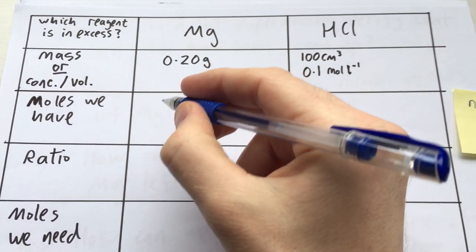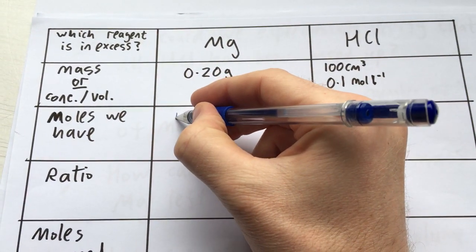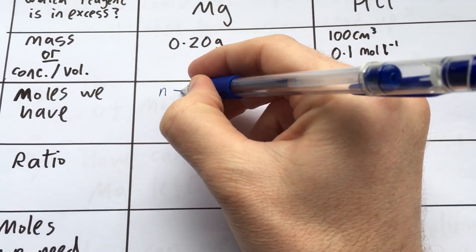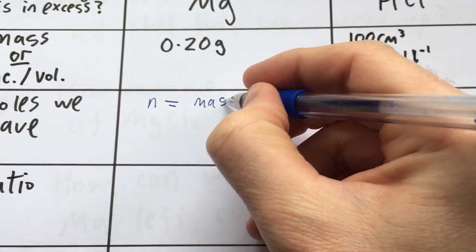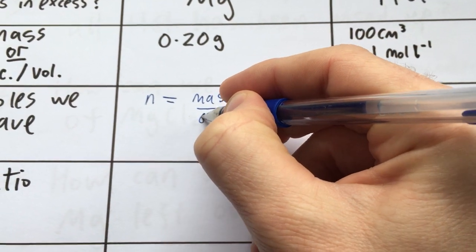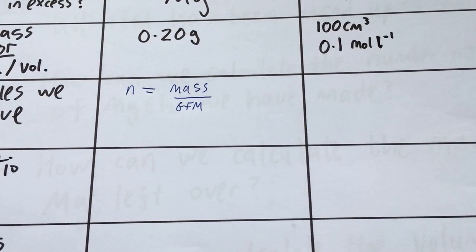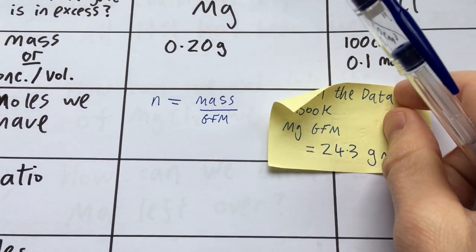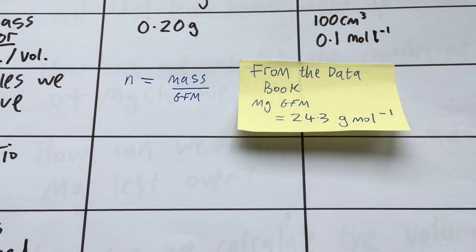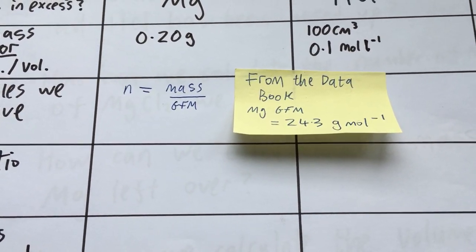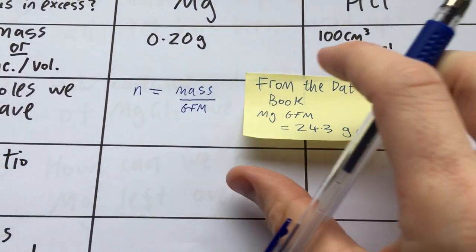reagents. So in the first one, for magnesium, we're given the mass, so we're going to use number of moles is the mass divided by the gram formula mass. Okay, and you would normally go and look in your data book, but for now, a helpful Post-it tells me that the gram formula mass of magnesium is 24.3 grams per mole.